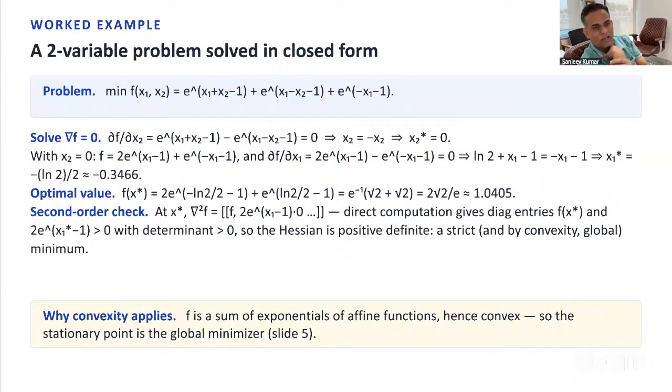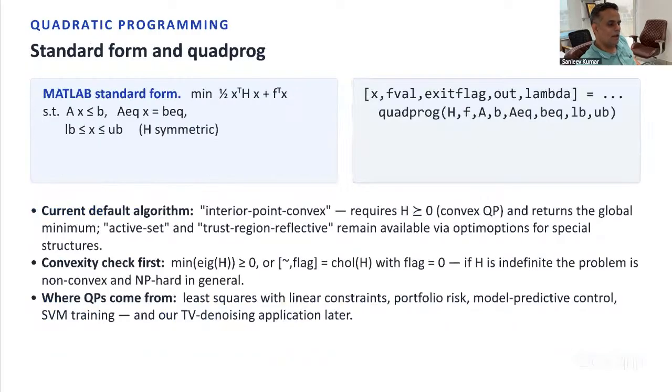I want to minimize this function, which is a sum of three exponential functions, and these are functions of more than one variable, meaning two variables. So to minimize this particular problem, I will write the problem in this form. Minimize.